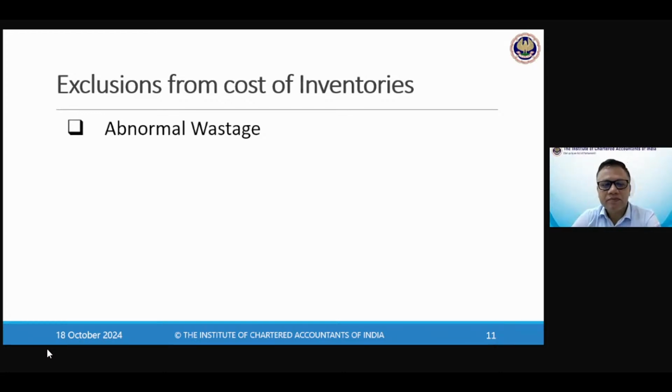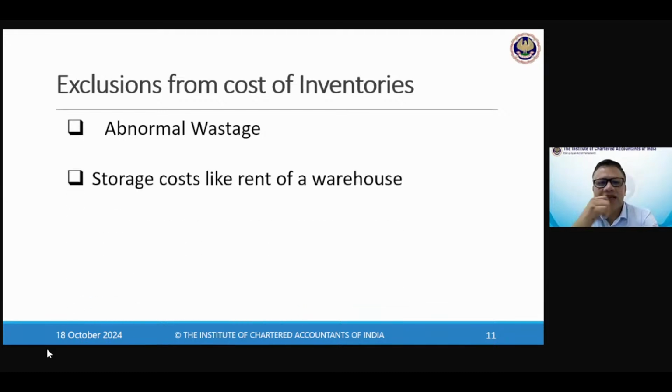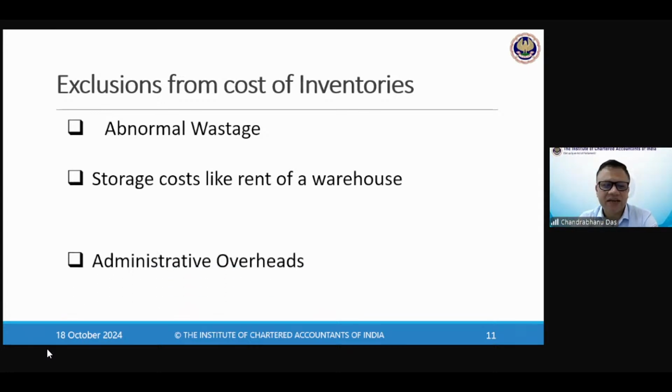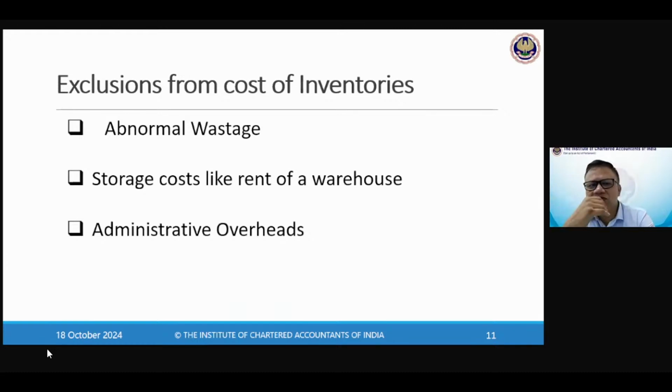Thank you. So similarly, apart from abnormal wastage, which is accidental, storage cost is also excluded. Suppose you're keeping the inventory in the warehouse and giving rent, those storage costs are not included in the cost of inventory. Then similarly, some administrative overheads, administrative people working on something, total supervisory work, are also excluded from the cost of inventories.